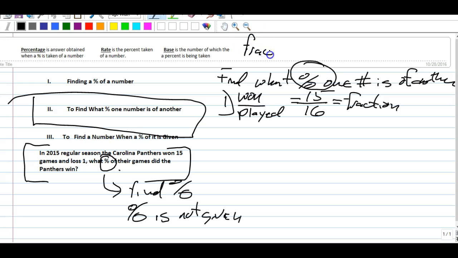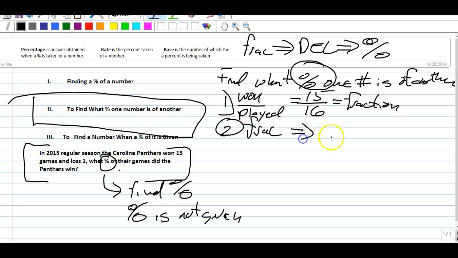We write the relationship as a fraction, then we change that fraction to a decimal number, and then we change that decimal number to a percent. So here I have a fraction. I want to express that as a decimal number. So I'm going to divide 15 by 16. Remember, the fraction bar is nothing more than a division sign.